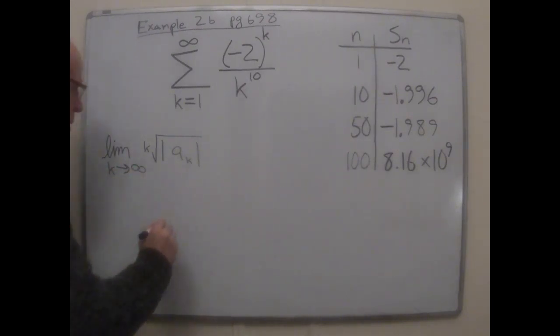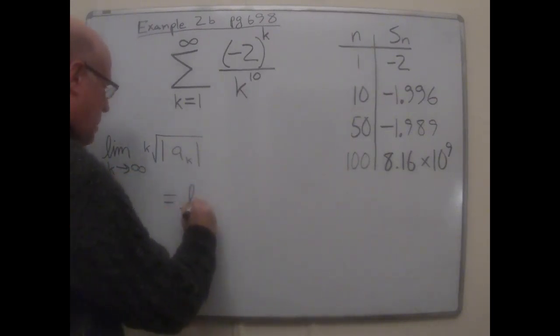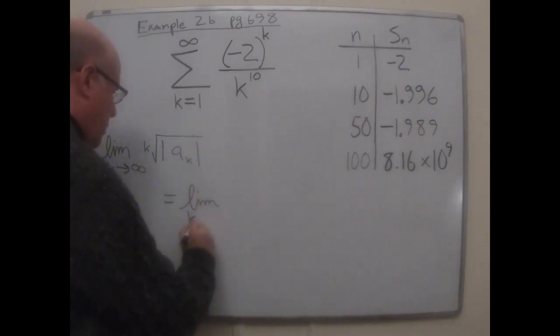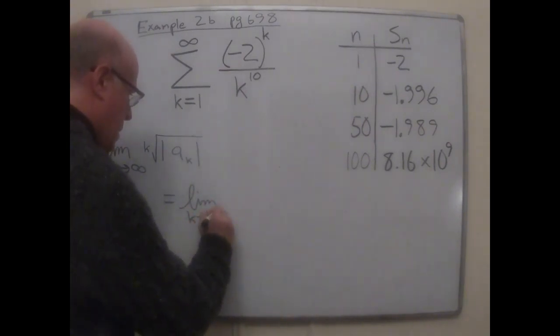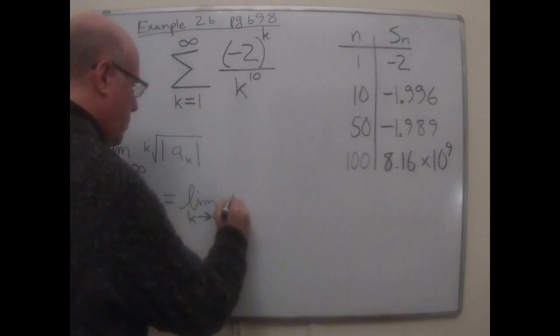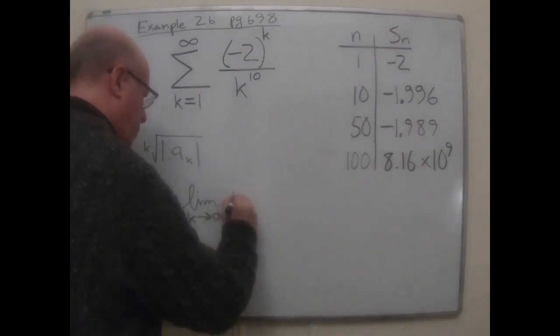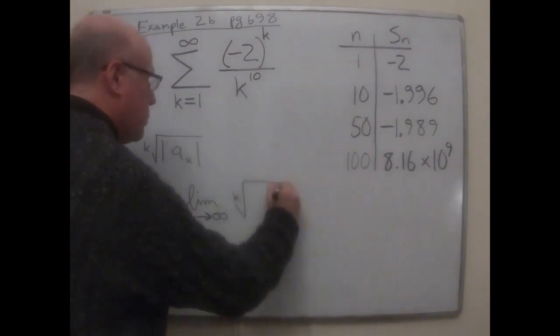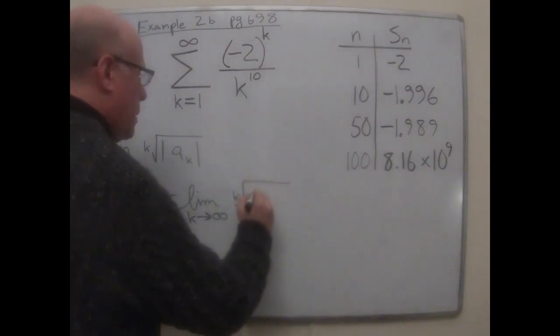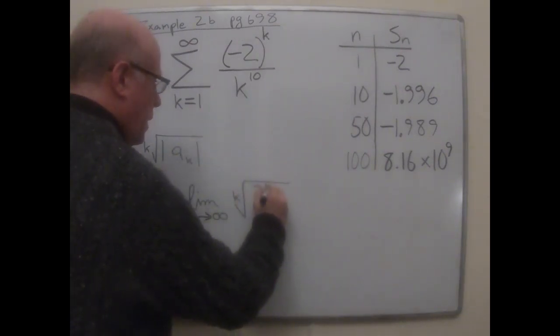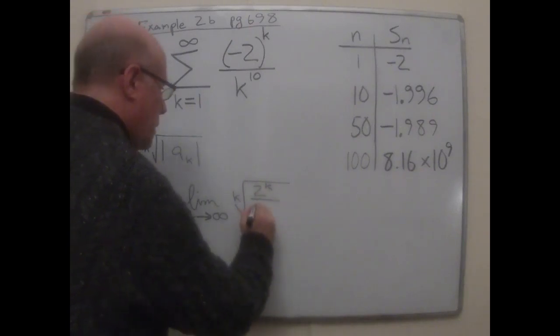So for us, it's the limit with k going to infinity of the kth root of, let's just call it, 2 to the k over k to the 10.